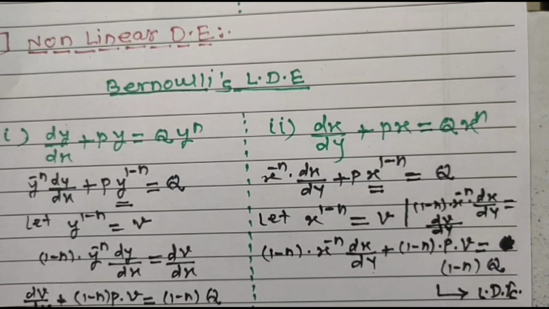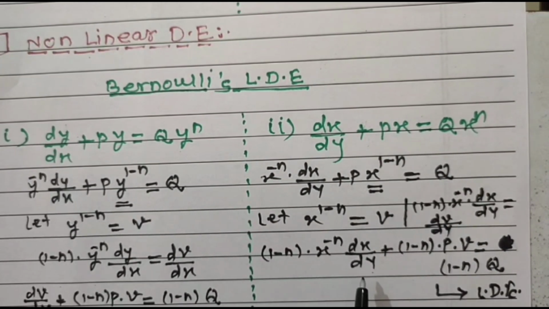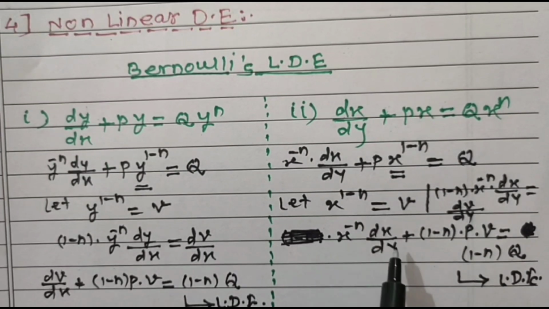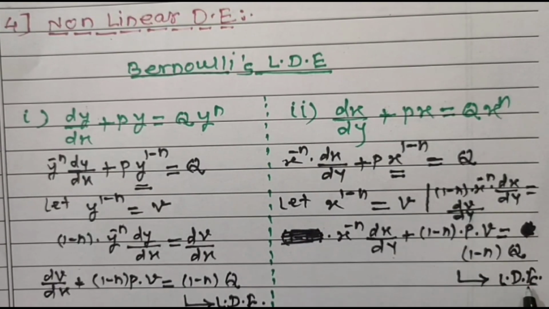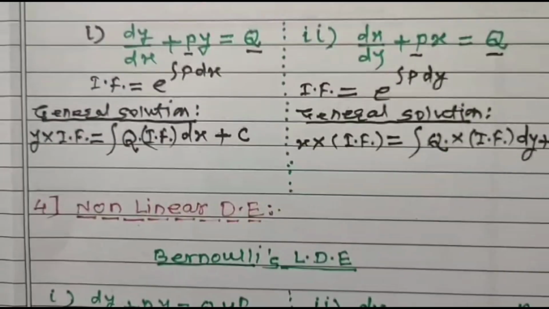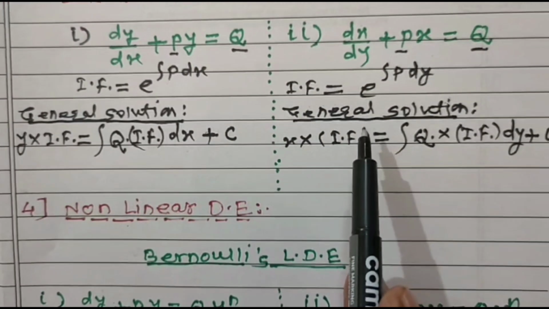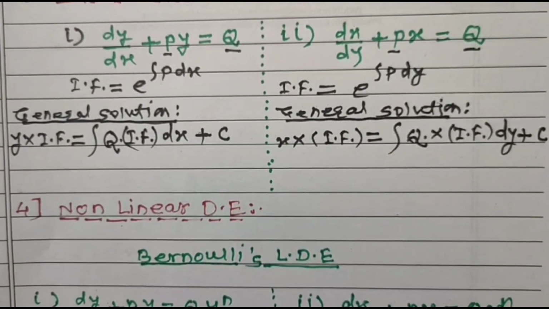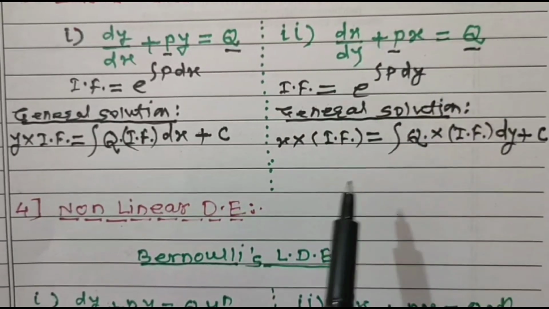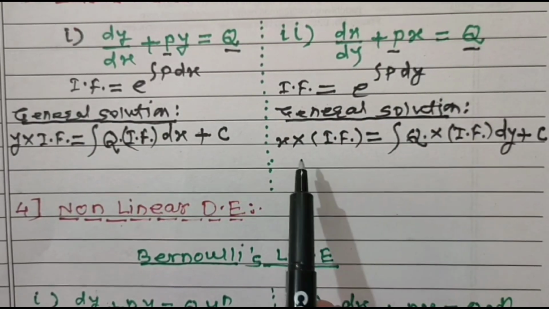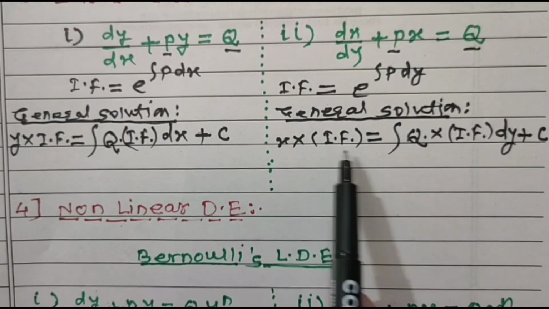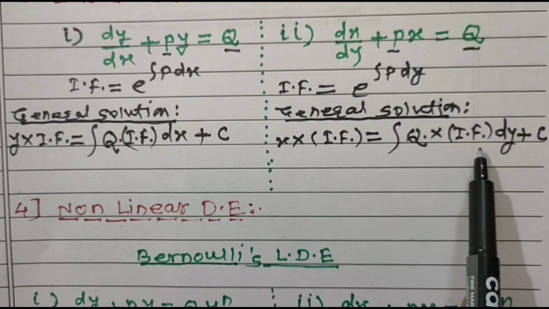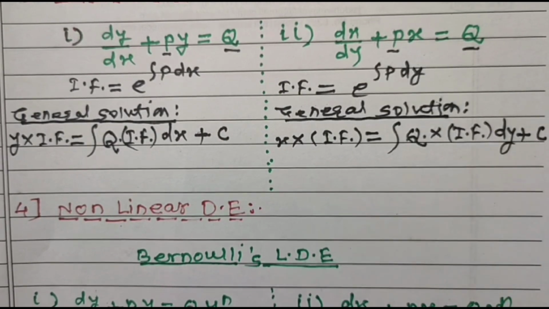Okay, so this can be written as x to the power minus n dx by dy plus 1 minus n times p into v is equal to 1 minus n times q. This is a linear differential equation. You can solve by using this method because we have reduced the given differential equation in this form, and then the general solution you will get in this way. x into integrating factor is equal to the integral of q into integrating factor, integral with respect to y, plus c.